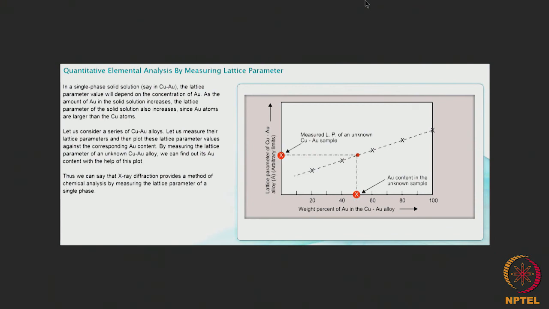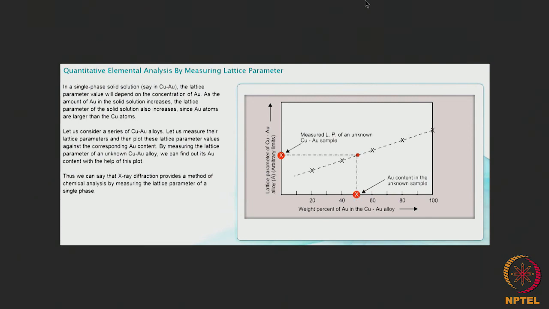Let us consider a series of copper gold alloys. Let us measure the lattice parameters and then plot these lattice parameter values against the corresponding gold content. This is shown on the right hand side of the figure.